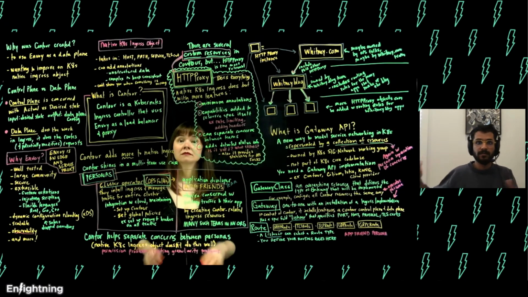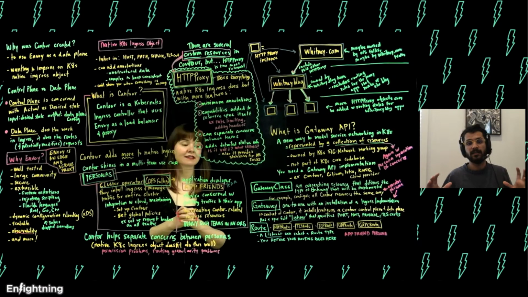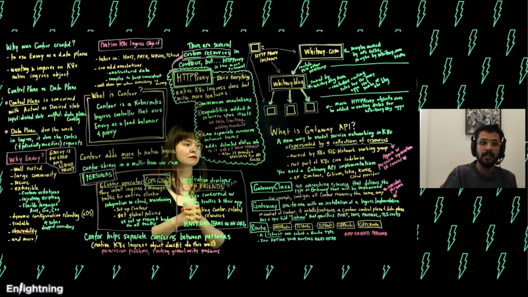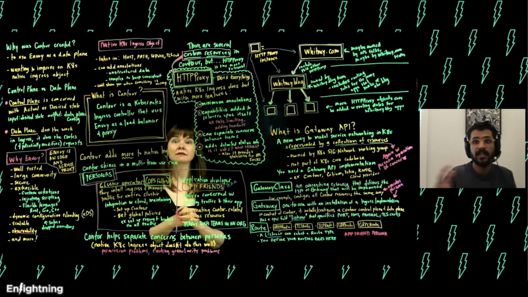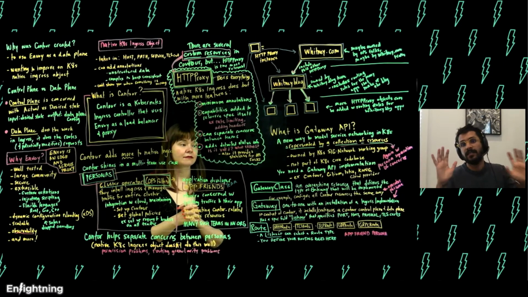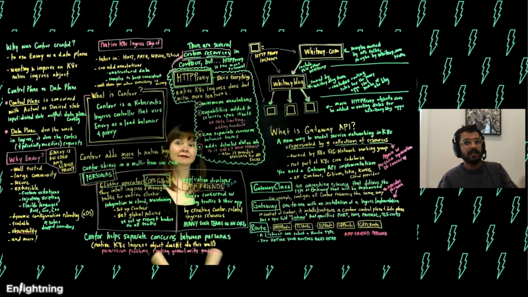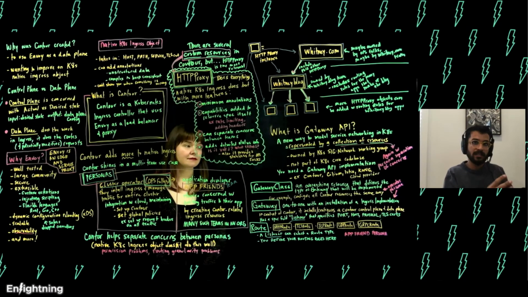Because it's completely separate resources. The roles are more well defined in that sense. So that's one of the biggest draws of Gateway API, the ability to do this sort of segmentation on top of what other implementations like HTTP proxy have done.